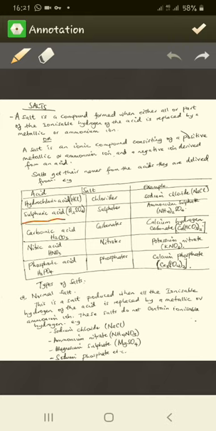I have sulfuric acid. The salts which are gotten from sulfuric acid are called sulfates. And if the ammonium ion replaces the hydrogen of sulfuric acid, the salt that we get is ammonium sulfate.